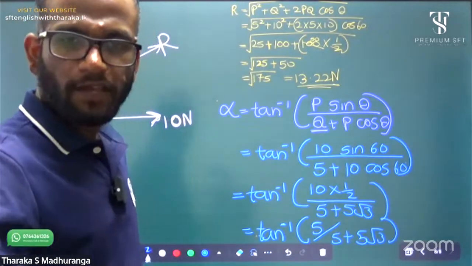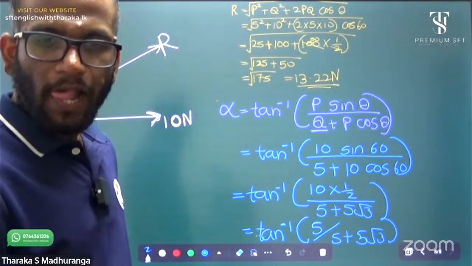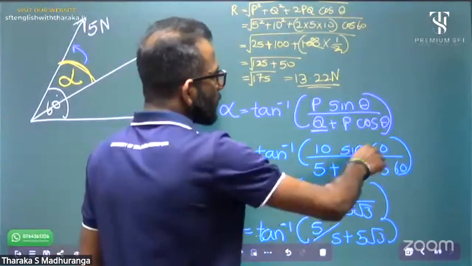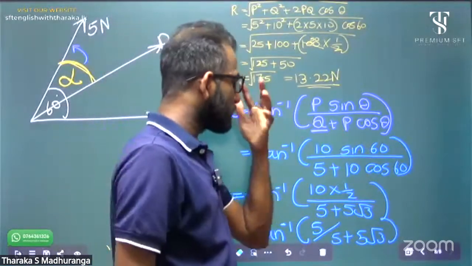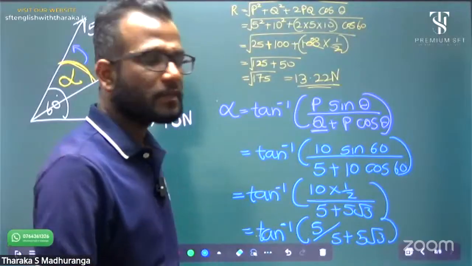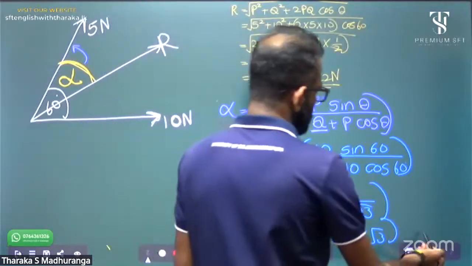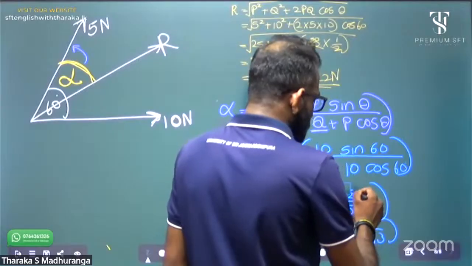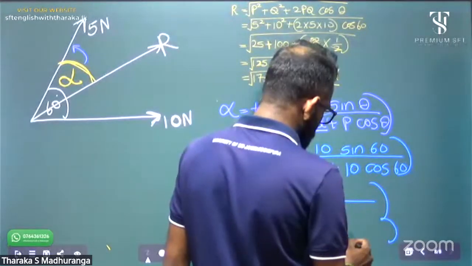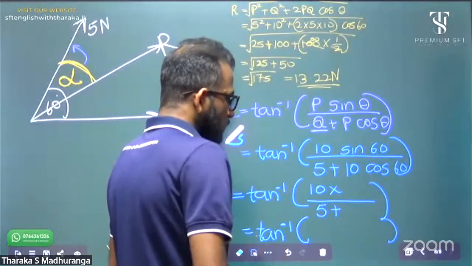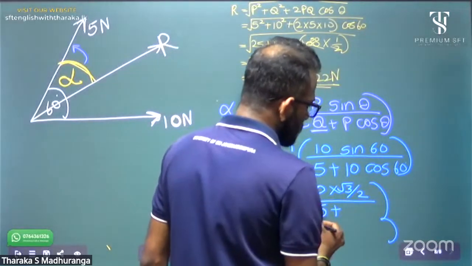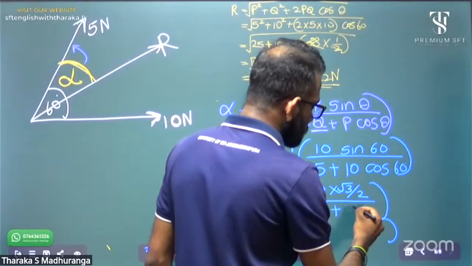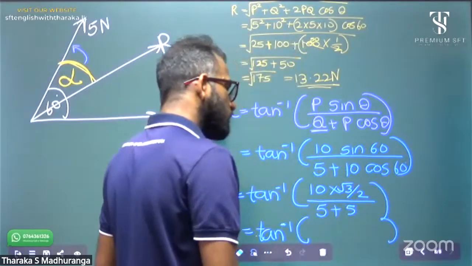Sorry, I have changed sin and cos, no? Sin 60 is not half. I have changed them. Cos 60 is half. Yeah, mistake. Sin 60 is root 3 over 2. Good, good. Cos 60 half, then it is 5, and 10 into half means 5.